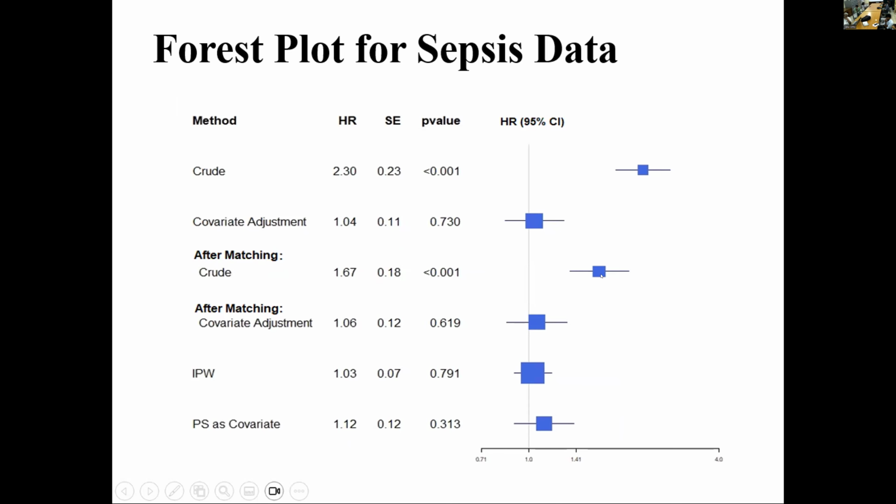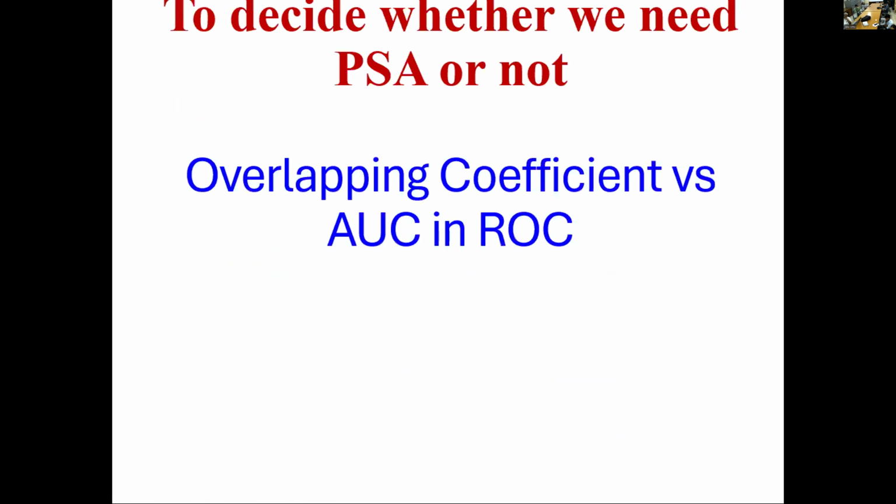Whereas in the modeling, which I like personally, that suggested that there is no difference between the two arms. So even though I said there is no need, there is a need, because of less overlap, there is a need for PSA. That suggests that the crude is misleading and adjusted analysis is giving a different result as compared to the crude.